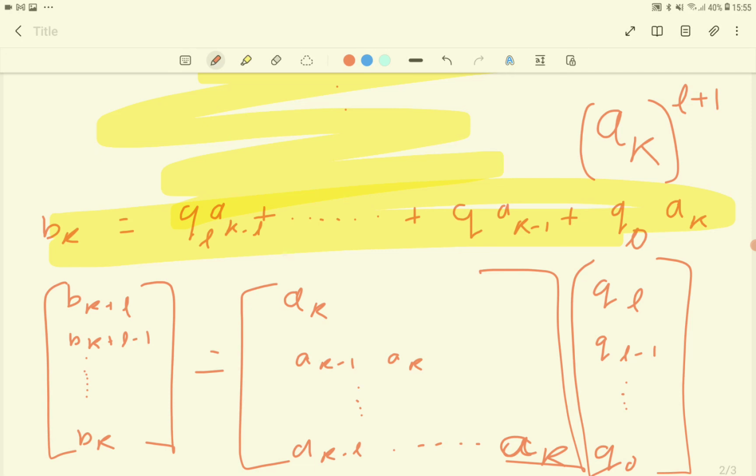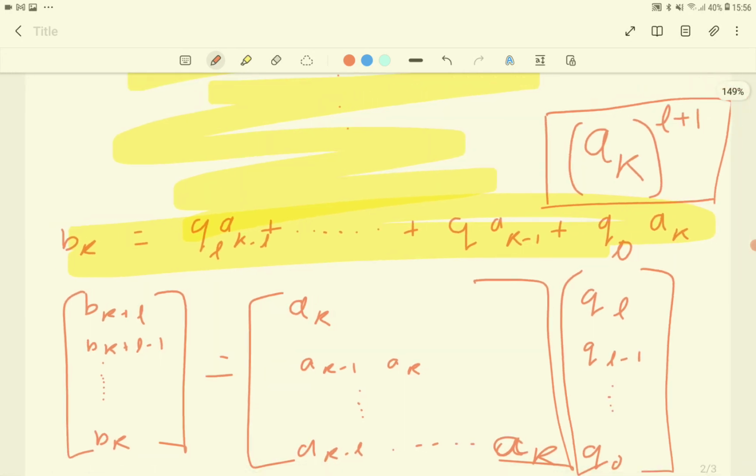Because if a_k is 0, then the degree of our a(x) polynomial is not k, but we have assumed the degree of our a(x) polynomial is k. So this determinant is non-zero, which is again debatable, but still for now it is. So since this is an invertible matrix, the solution will be unique, right?